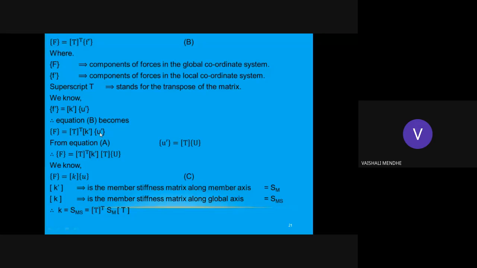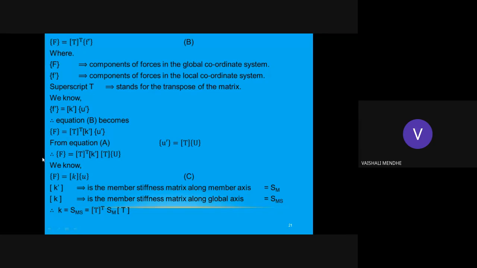This we have to put in terms of the global displacement because we have to assemble the stiffness matrix along the global direction. So whatever local displacement or local force is there, you have to replace it with the global force or global displacement. That is why for u dash we will put the transformation matrix into the displacement in global, T into u.